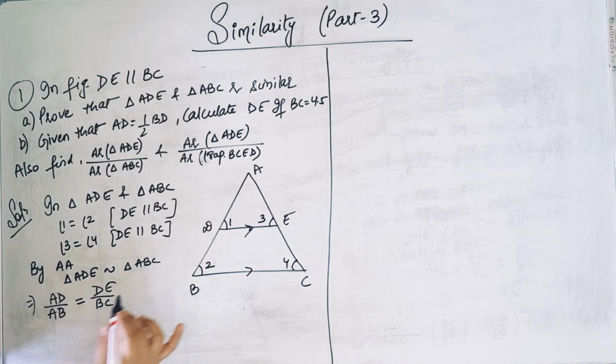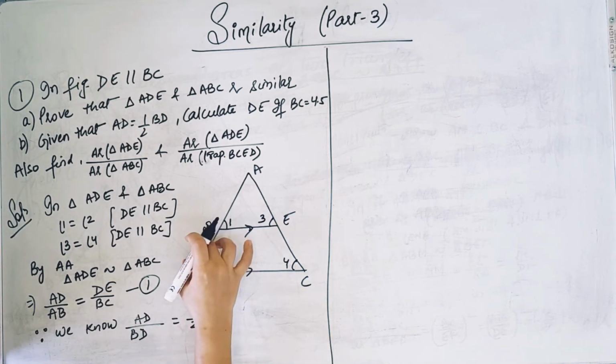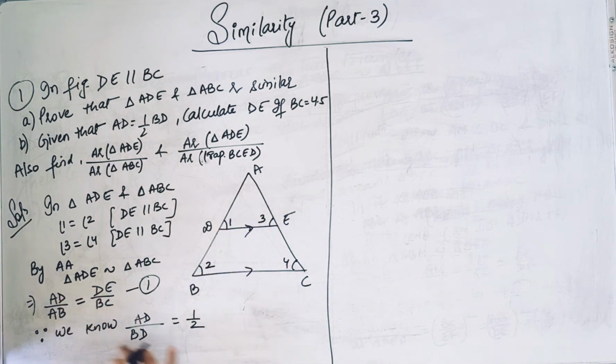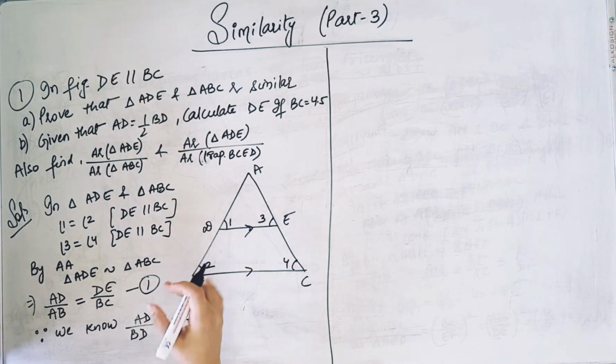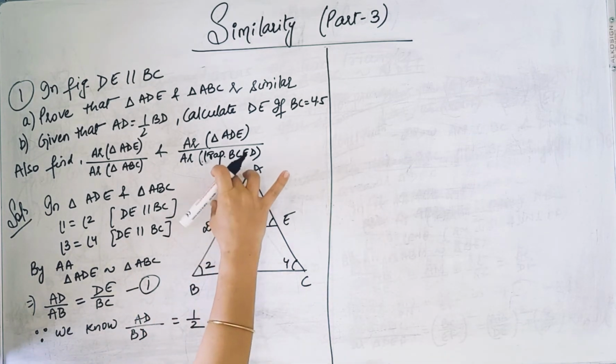This is equation number 1. We know that AD by BD is half. Because I want AD by AB, I don't want BD over here, so I want to cancel it out. In place of BD, I can write AB minus AD.